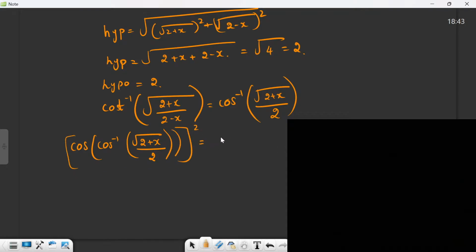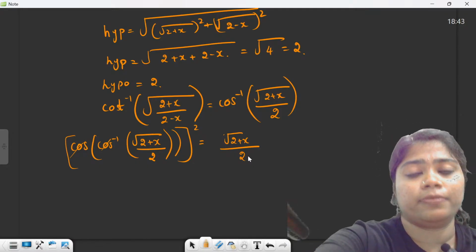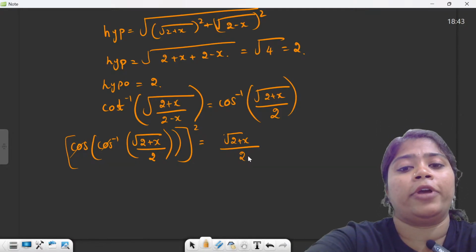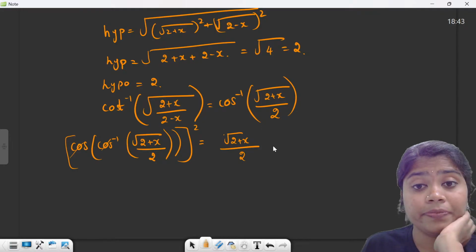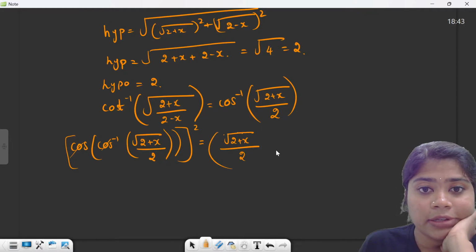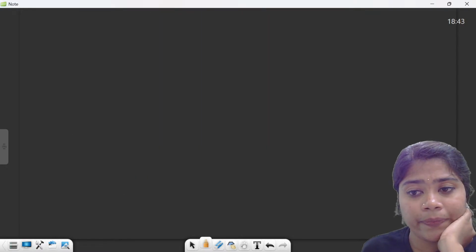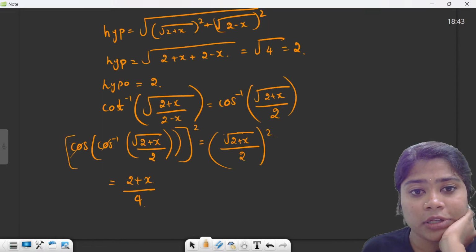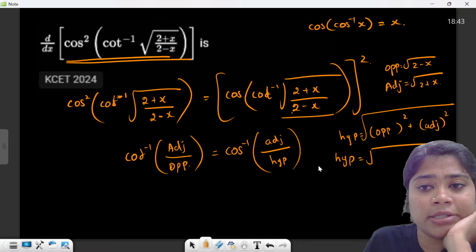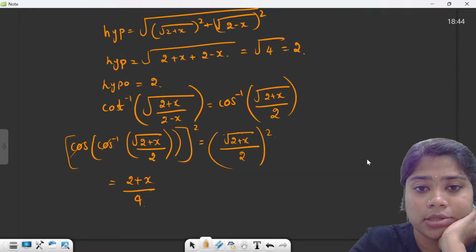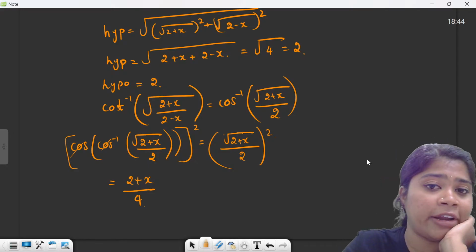According to the property, that equals 2 plus x divided by 2.